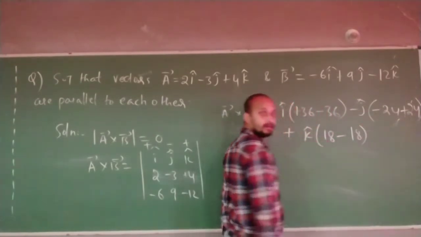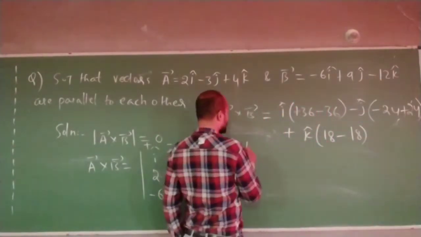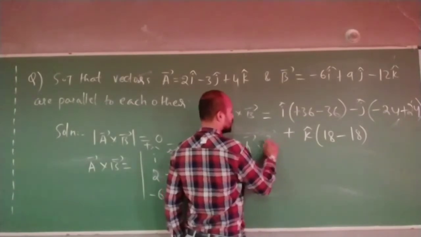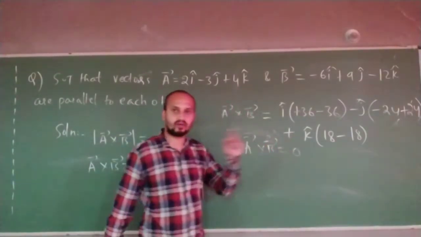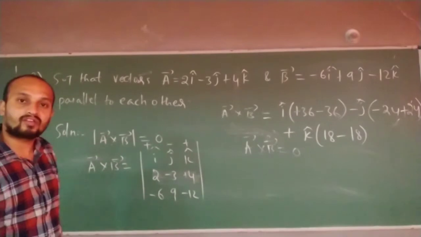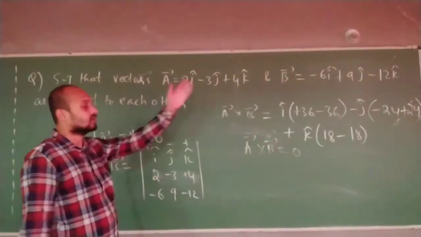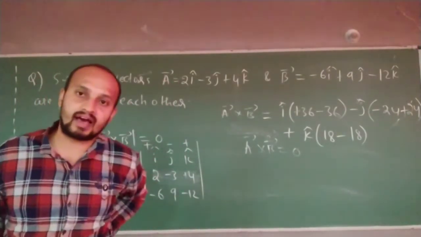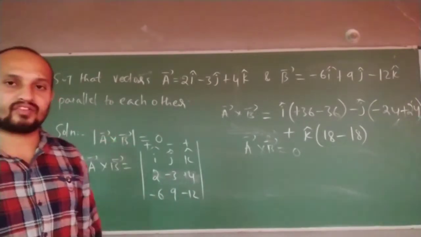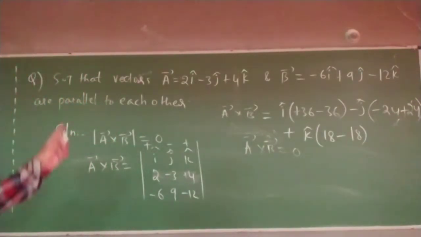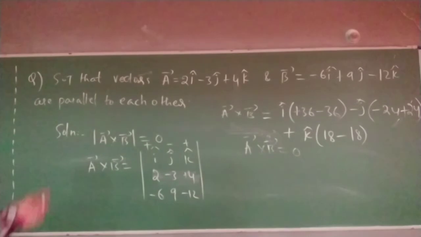So it has to be 18. So if you measure this, A cross B will be equal to 0. That means when A cross B is 0, I can say that these two vectors are parallel vectors. Correct? A cross B of the vectors is 0 means these are parallel vectors.